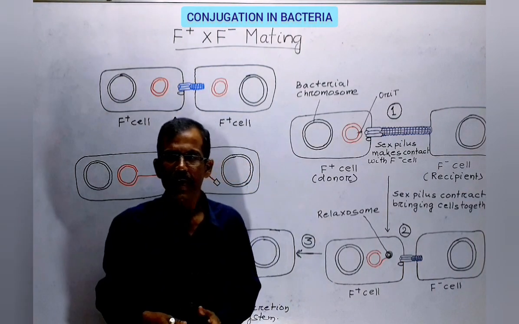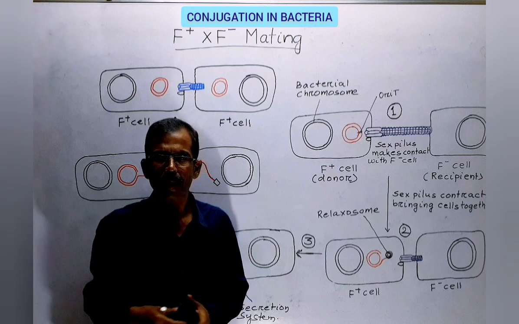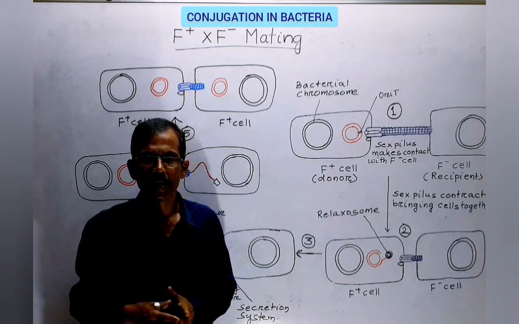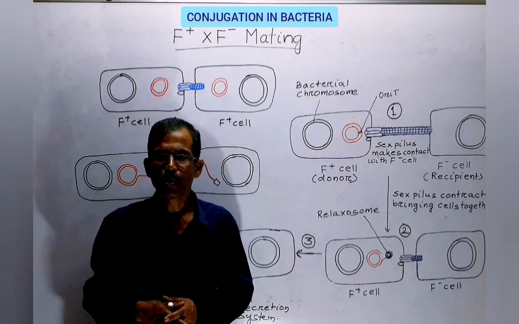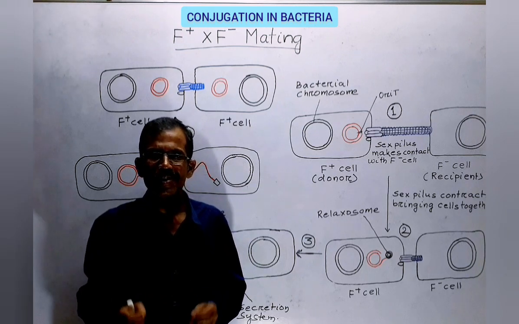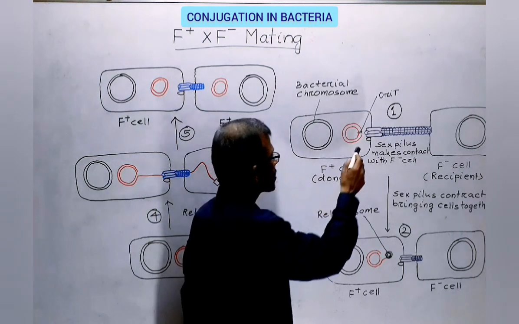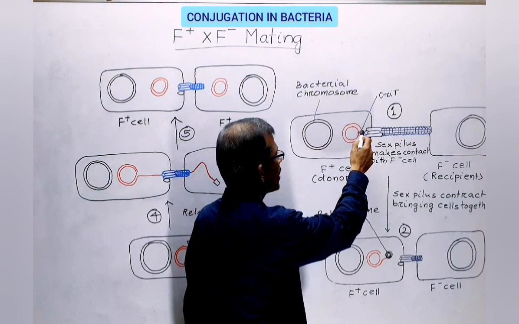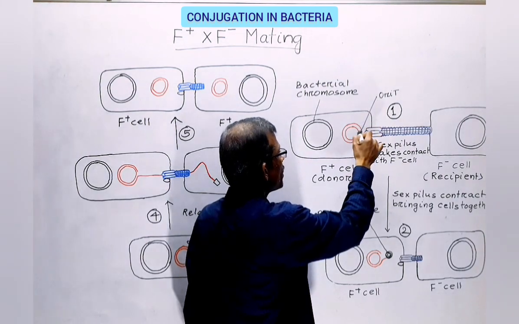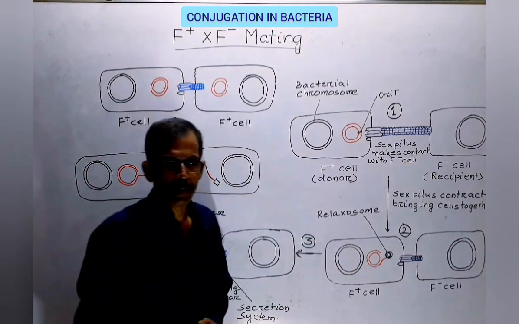Replication of the F factor occurs by the rolling circle mechanism. Replication is initiated by a protein complex known as the relaxosome, which nicks only one strand of the double-stranded F factor at a specific site called oriT, or origin of transfer.